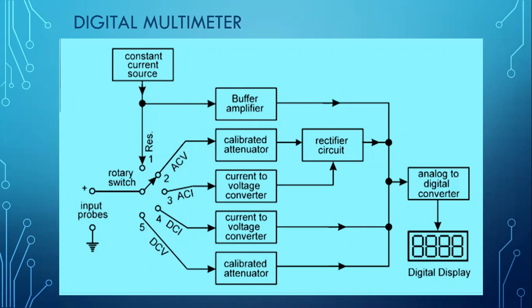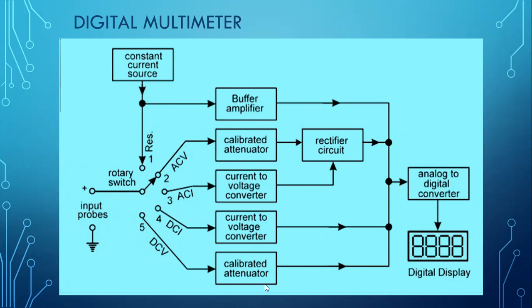There are some blocks which are very common: a buffer amplifier, the calibrated attenuator, the current to voltage converter, the rectifier circuit, the constant current source, the analog to digital converter, and the digital display. You can observe one thing: the analog to digital converter and digital display are common for all these blocks.